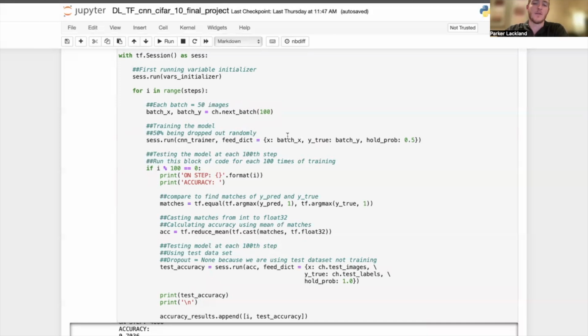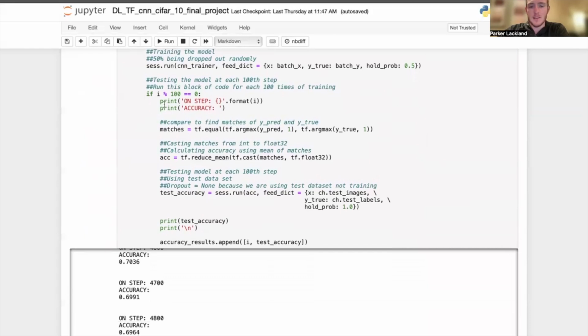The trainer is run for each of these batches with a hold probability here, which is our dropout rate of 50%, meaning that 50% of the output of the first fully connected layer is dropped out at random, and the remaining 50% is added to the second fully connected layer, which produces our final outputs. It just helps you get a randomized version of your outputs so that you can eliminate some of the bias in the equation for our algorithm.